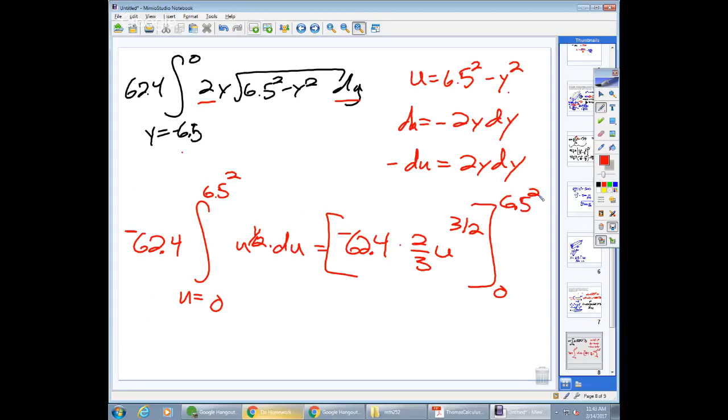I have everything in there. Negative 62.4, 2/3 u. So I can pull out that negative 62.4. I'm still wondering if we're going to be off by a negative sign here. 2/3, and then we have 6.5 squared to the power 3/2.